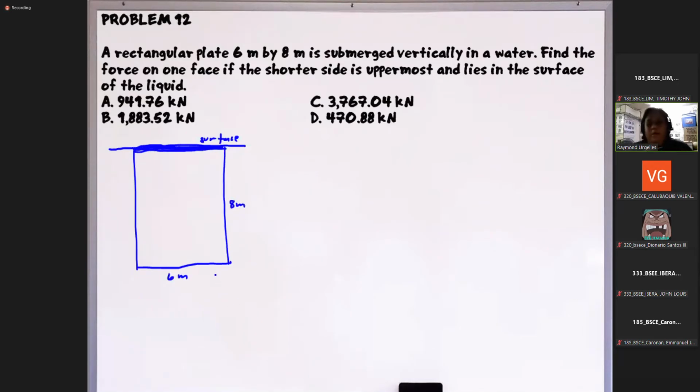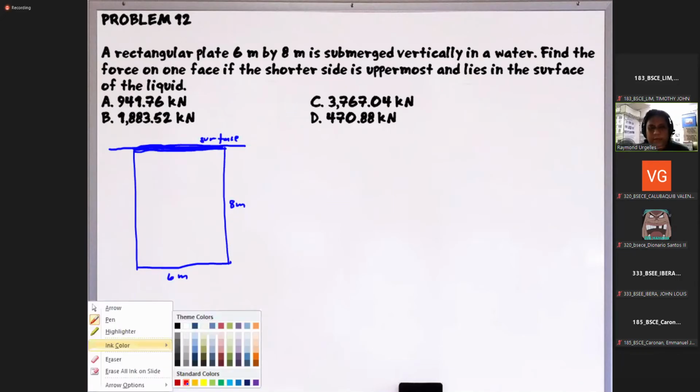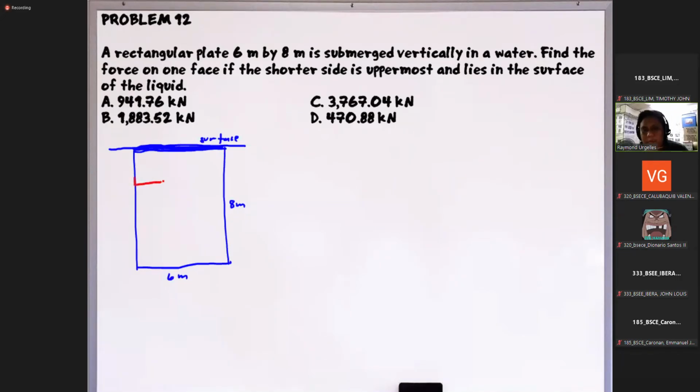Okay? So again, we have two ways to answer this problem. The first way is by using the horizontal strip. Sa horizontal strip, ititreat lang natin yung layo nito from the surface as h. Then yung kanyang thickness will be dh.